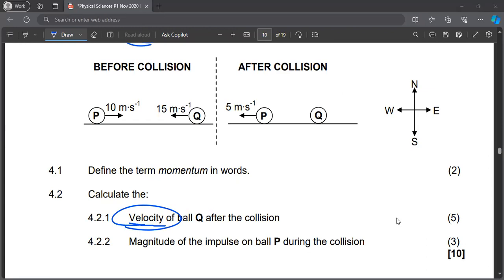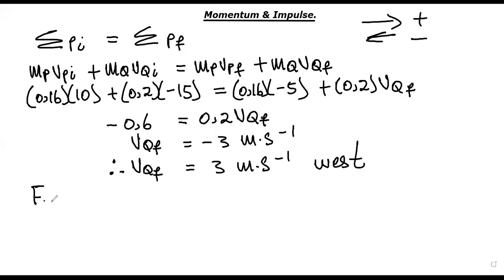By definition, we know that impulse is the product of the net force acting on an object and the time taken for the net force to act. But we understand, according to the impulse momentum theorem, the impulse is equal to the change in momentum.